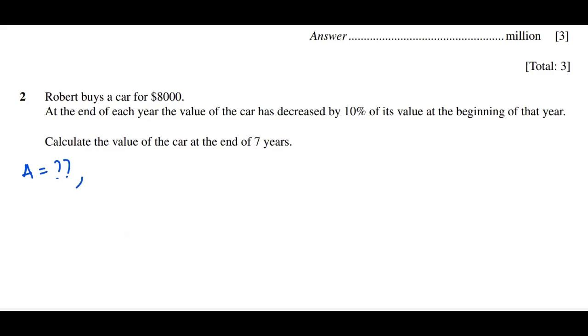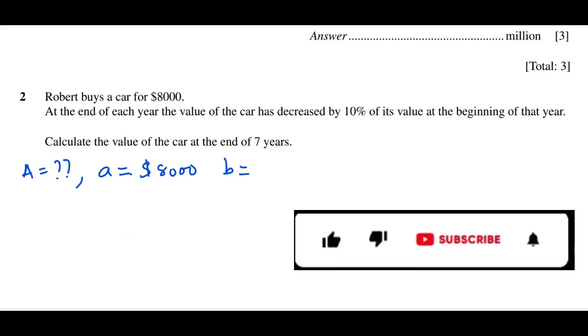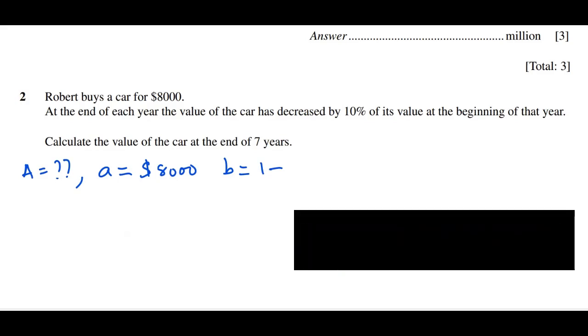And then A here is the original price, which is the $8,000. The B is the multiplier, which will give us 1 minus, the rate here is 10%.